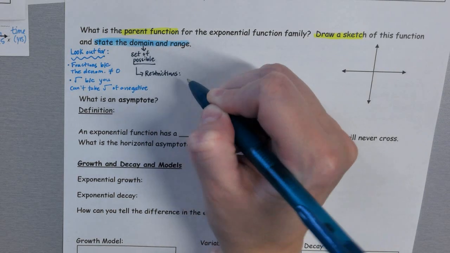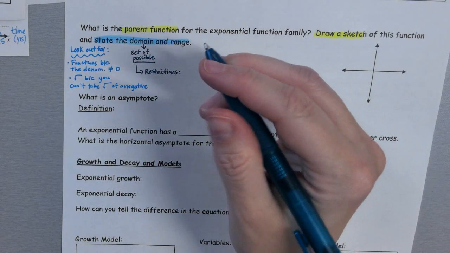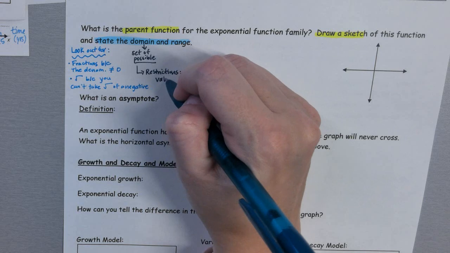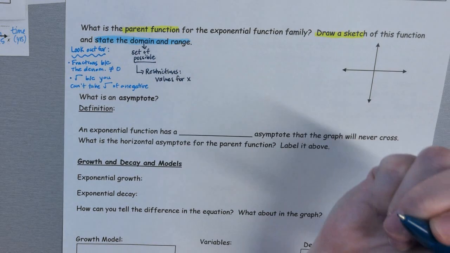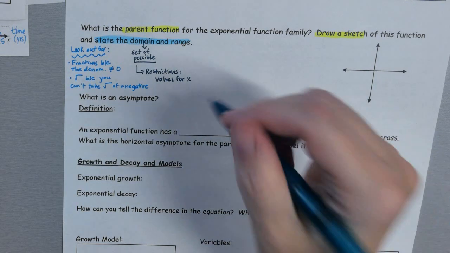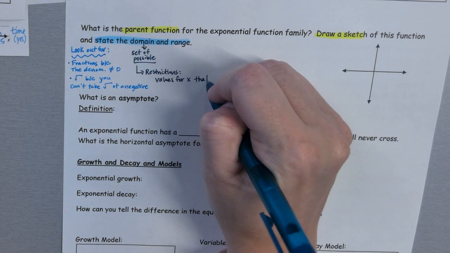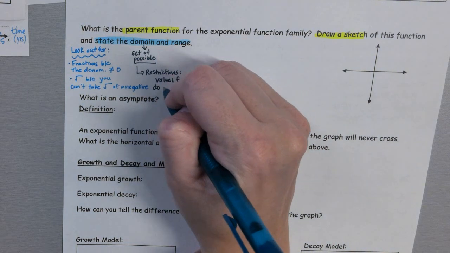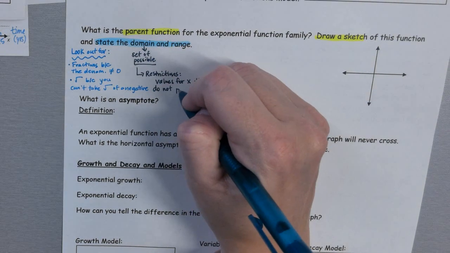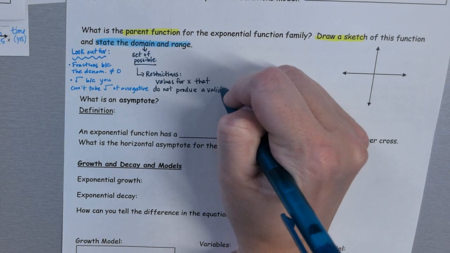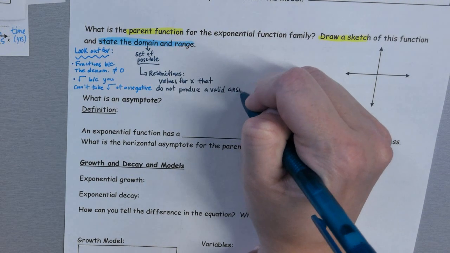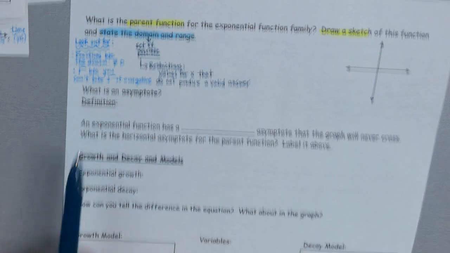Okay, restrictions are values for x that do not produce a valid answer. And that is rare, okay?